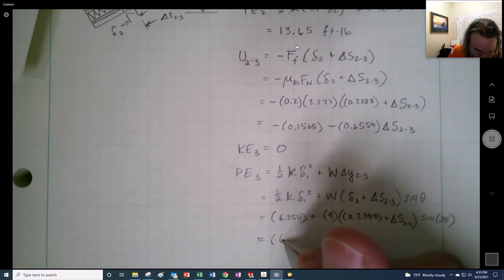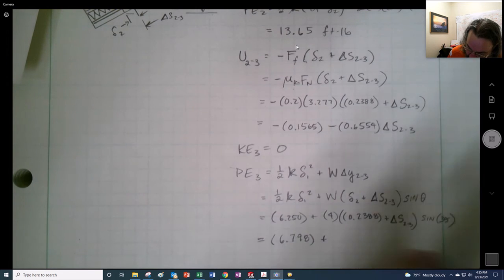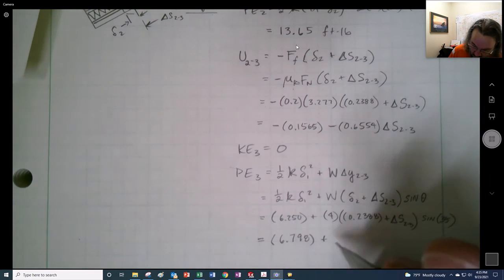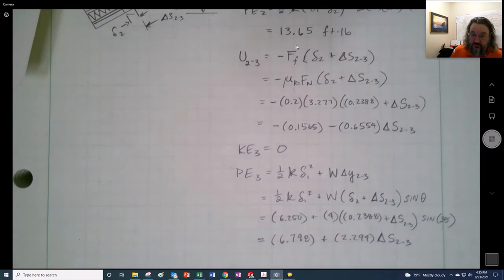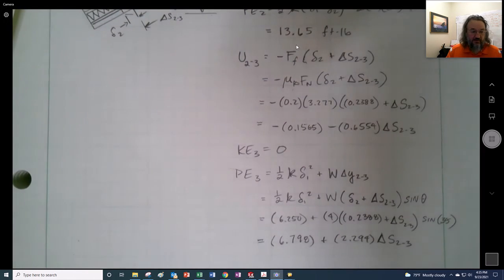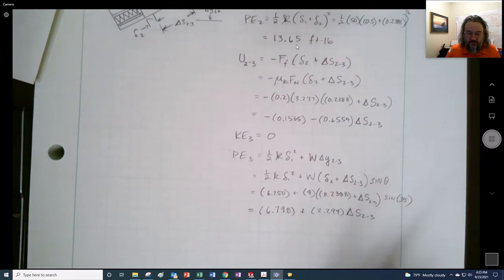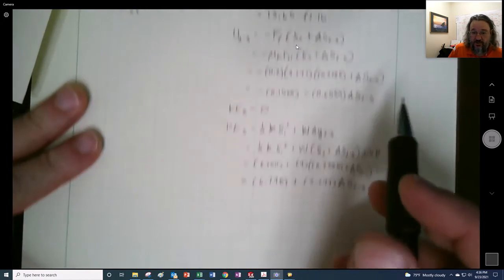So we have 6.798 plus 4 times sine of 35, or 2.294 times delta S 2 to 3. At least this one's not going to be a quadratic. So let me stretch this up, and we plug this back into the equation that we know.